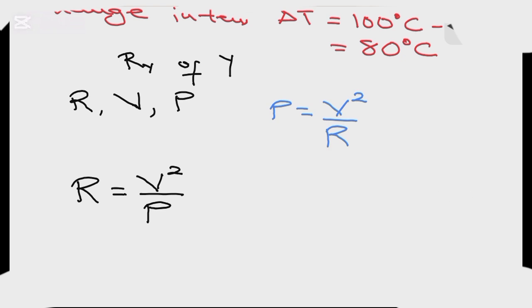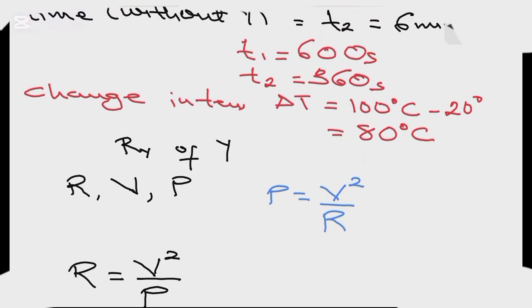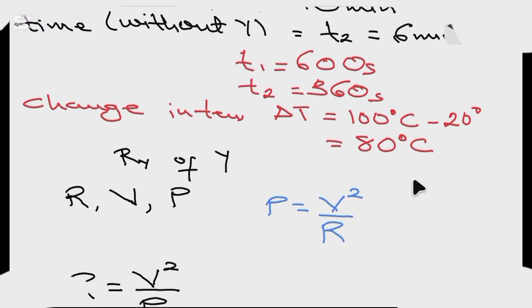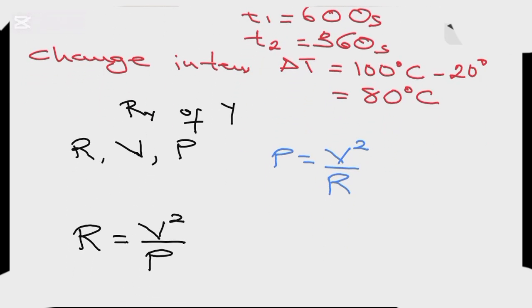Since I have used T1 for when Y was in the system and T2 for when Y was not in the system, anytime I see 1, let me stick to 1 as when Y was in the system, and then 2 as when Y was not in the system.